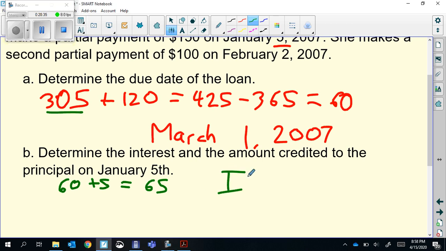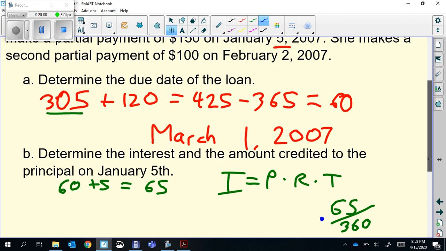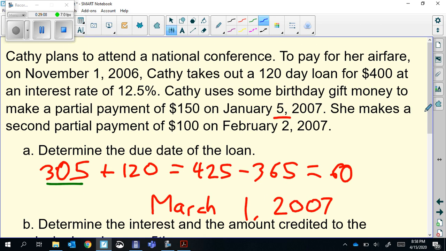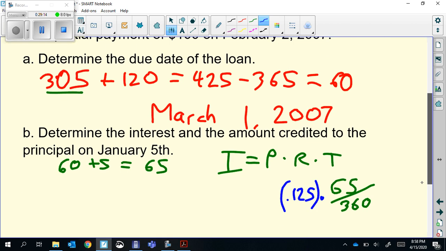So we'll use our formula, interest equals principal times rate times time. We know the time is 65 days out of a year, but remember on that other notes page, the vocab said we just use 360 days. Look at the banks being nice to us and giving us that free time. The rate is 12.5%, and the principal is the loan of $400.